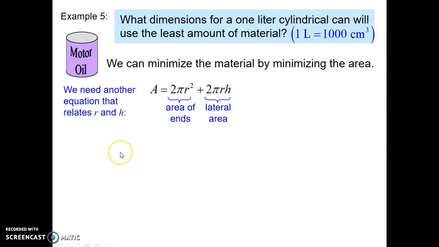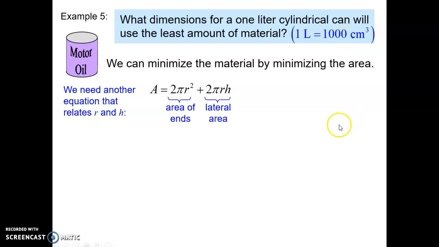Now if you notice, we need some other equation that will relate r and h because we have too many variables here. We have A, and we have r, and we have h. So when we have too many variables, we sometimes try to get rid of one. Now they gave me this right here, that this 1-liter can is equal to 1,000 centimeters cubed, which means that's its actual volume.